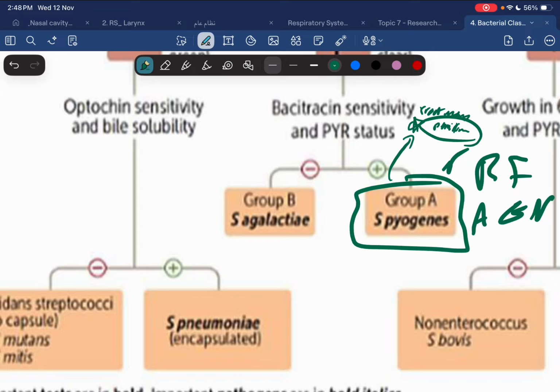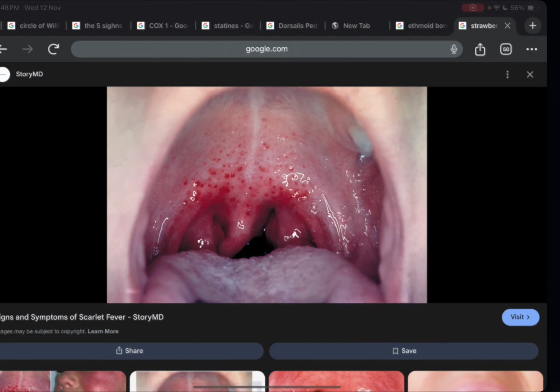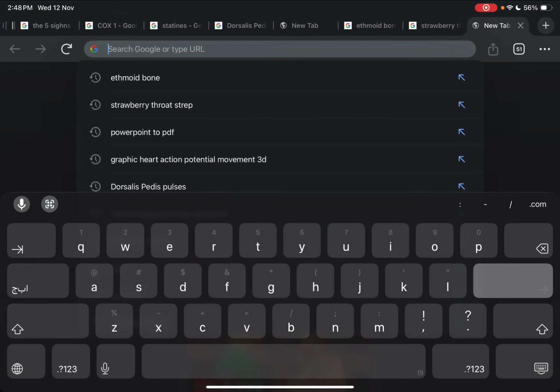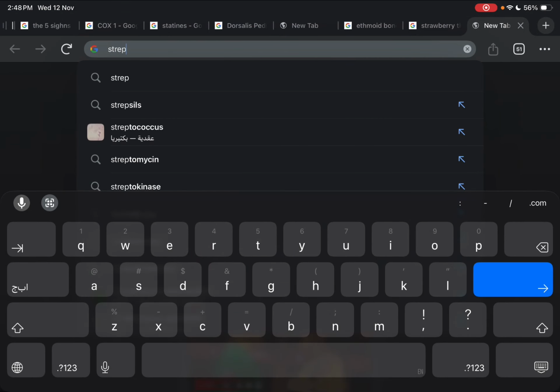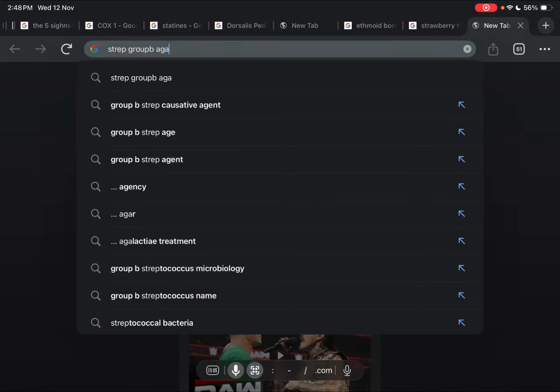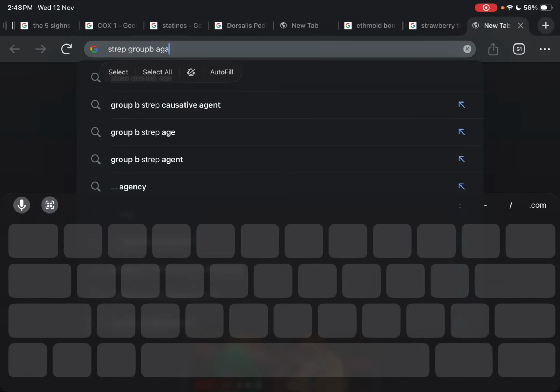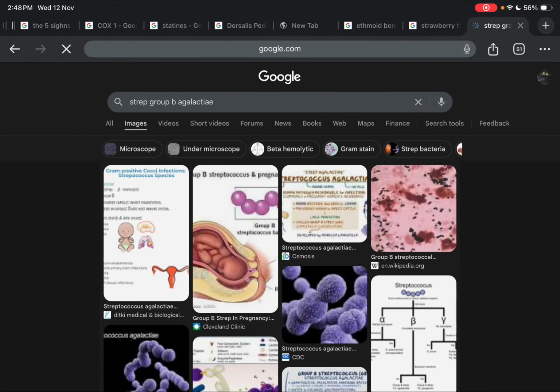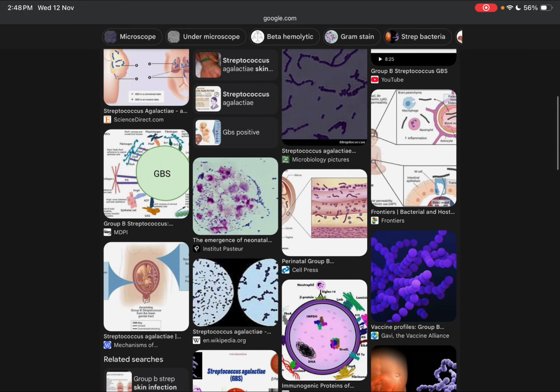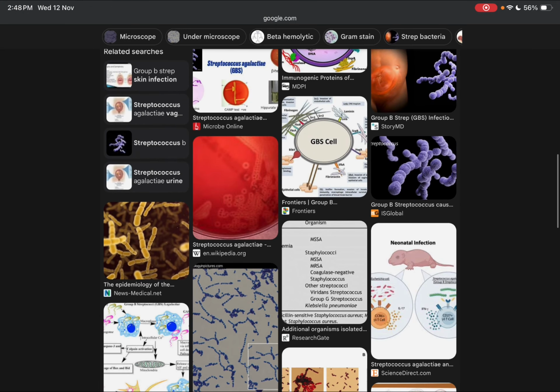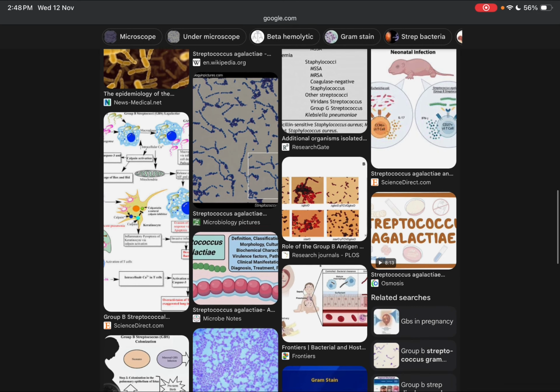Okay, so back to agalactiae. It's part of the normal lower GI, genitalia, and urinary tract. So it's part of the normal microbiome of that part of your human anatomy. Nevertheless, every now and then, a disturbance in the immune system, in the hormonal regulation that enables the immune system to dip, the surveillance will go down, enabling any opportunistic bug who lives as a normal part of the microbiome to establish an infection.